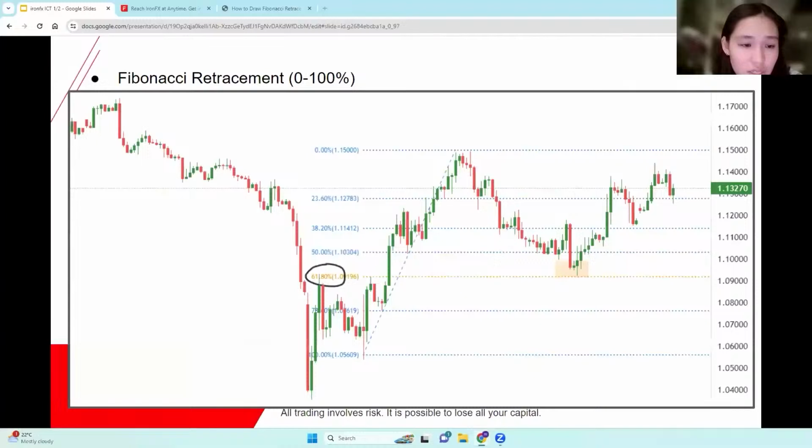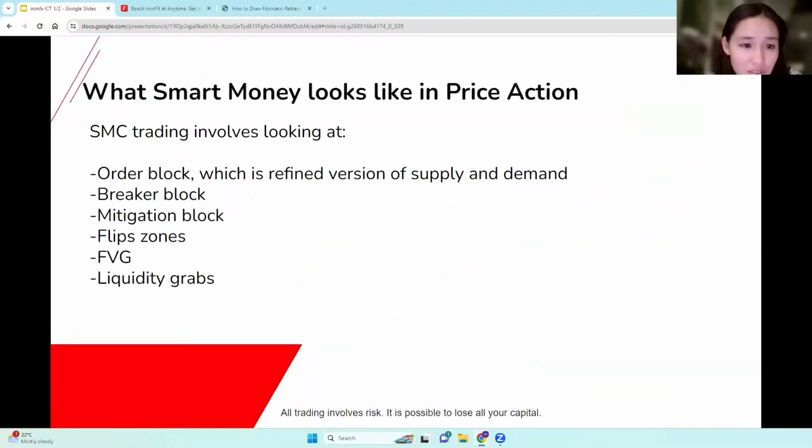Now let's look at what smart money looks like in price action. SMC trading involves looking at order blocks, which are a refined version of supply and demand of an asset, and then your breaker blocks or mitigation blocks.